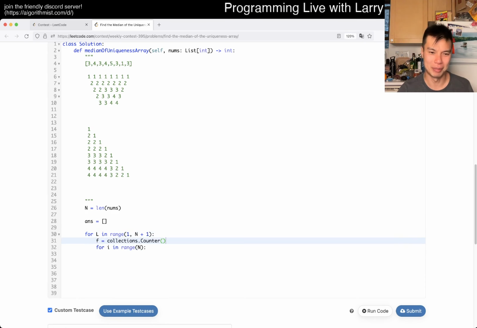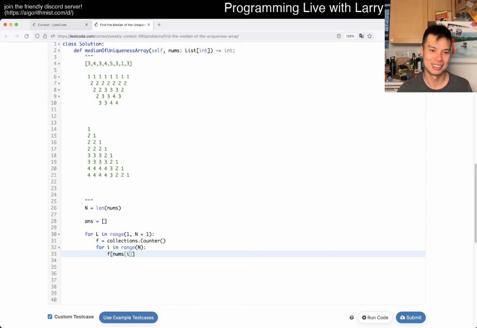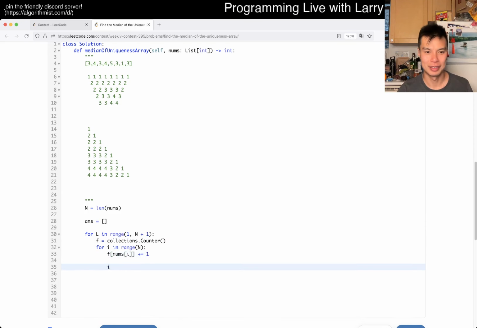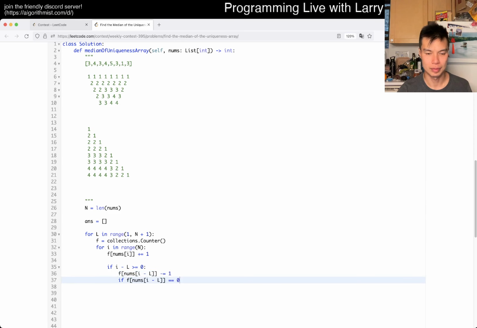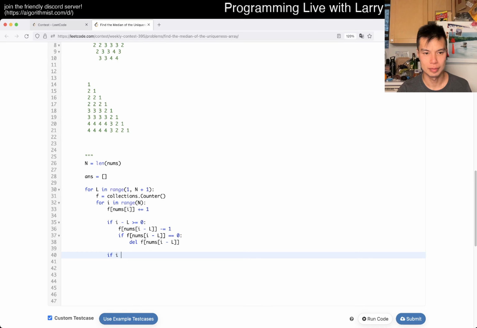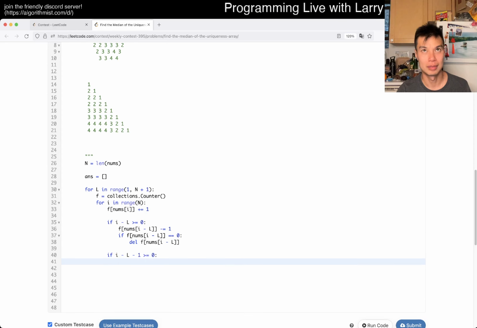What am I doing? I can't even remember what I wanted to write. I always forget about how this is this way. And this is the number of elements, inclusive.